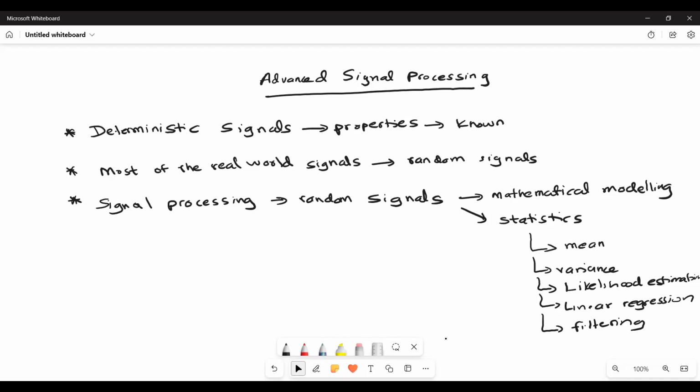We will discuss those in detail in the next sections of the lecture. That will be the brief explanation about random signals and how we will be processing them.